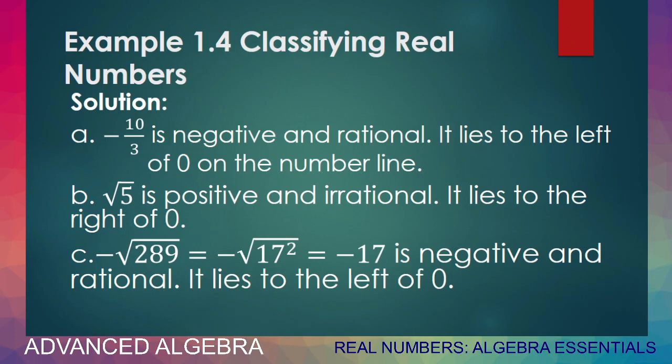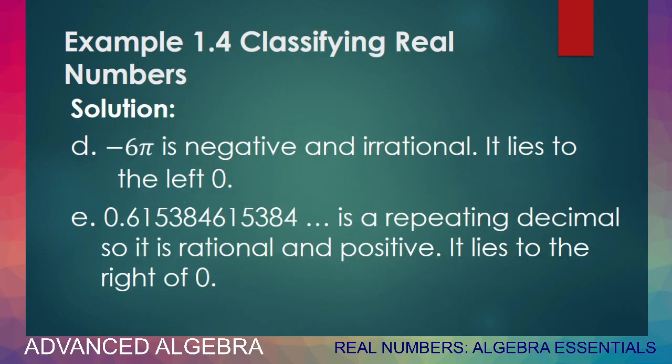It lies to the left of 0. Letter D, negative 6 pi, is negative and irrational, since pi is an example of an irrational number, so it lies to the left of 0. Next, 0.61538461538 with an ellipsis is a repeating decimal, so it is rational and positive. It lies to the right of 0. Okay?